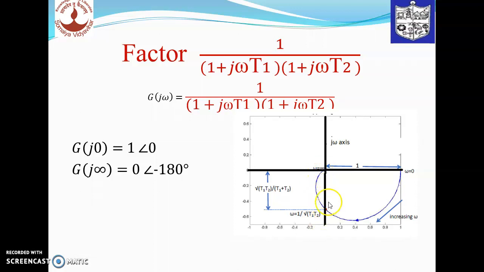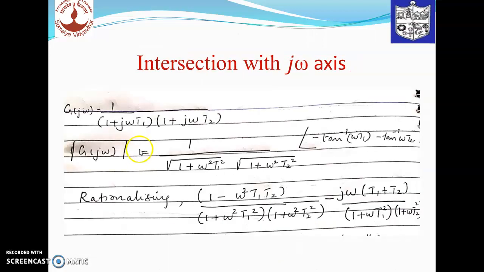Now how will I find the point which cuts the j omega axis? We have to rationalize the transfer function by multiplying numerator and denominator by the conjugate, that is 1 minus j omega t1 and 1 minus j omega t2. I separated out the real part and imaginary part. You can verify it by doing it yourself.